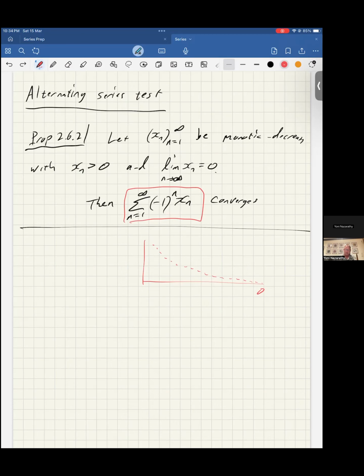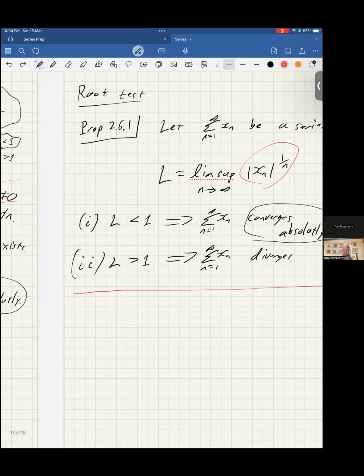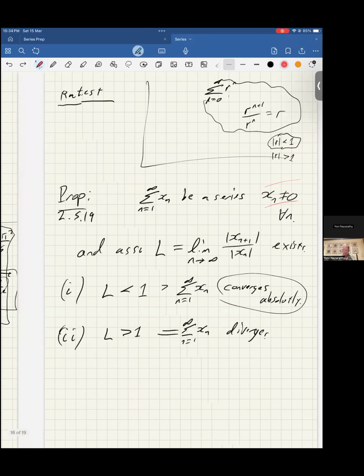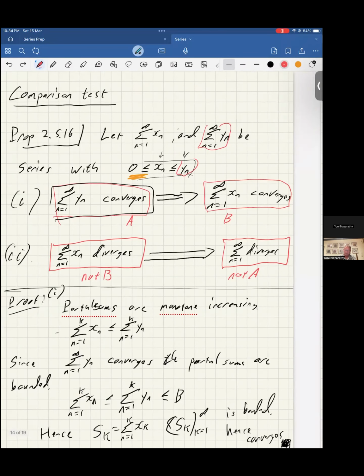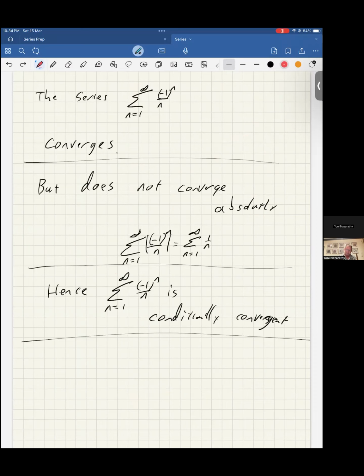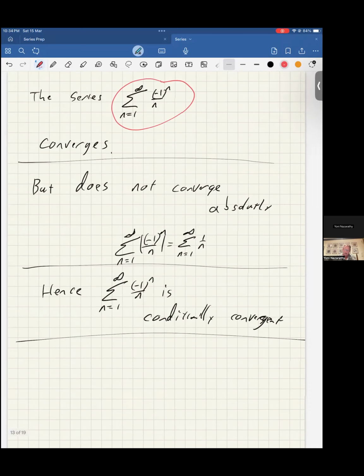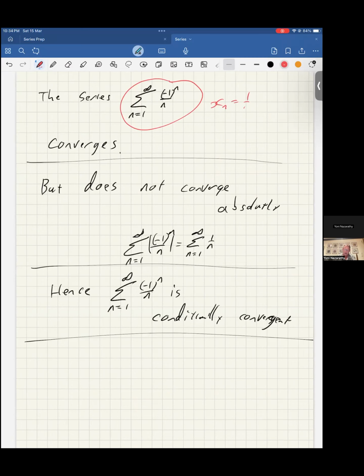So immediately by this alternating series test, the example that we spoke about, where xn is 1 on n, is that type of series.